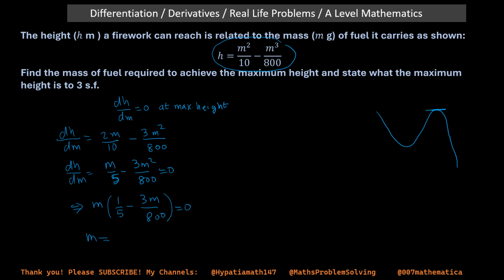So m is not equal to 0, and therefore 1/5 minus 3m/800 is 0.